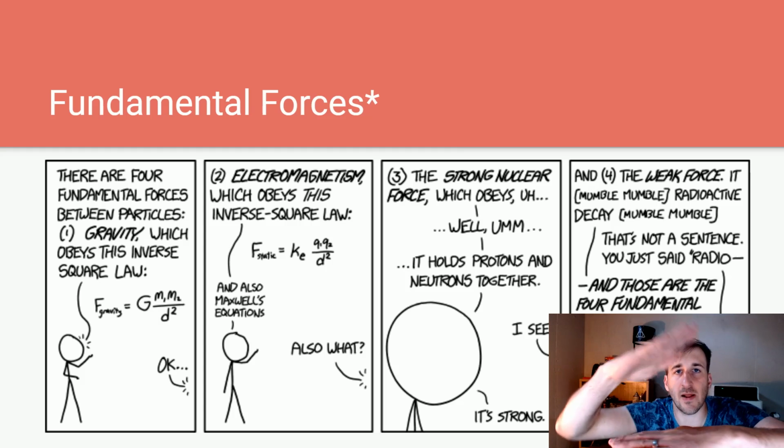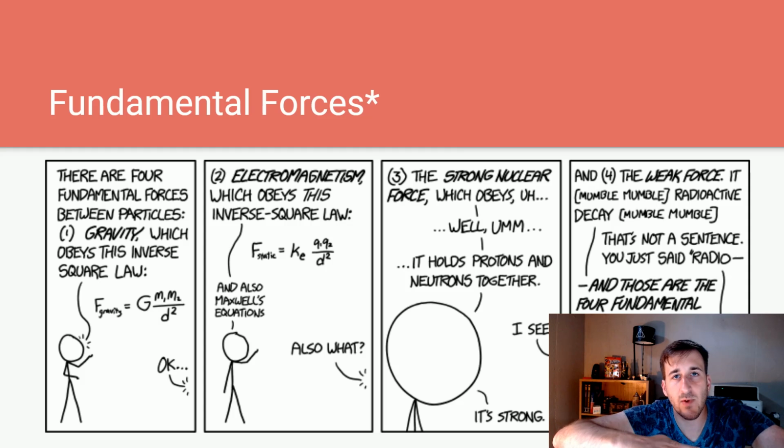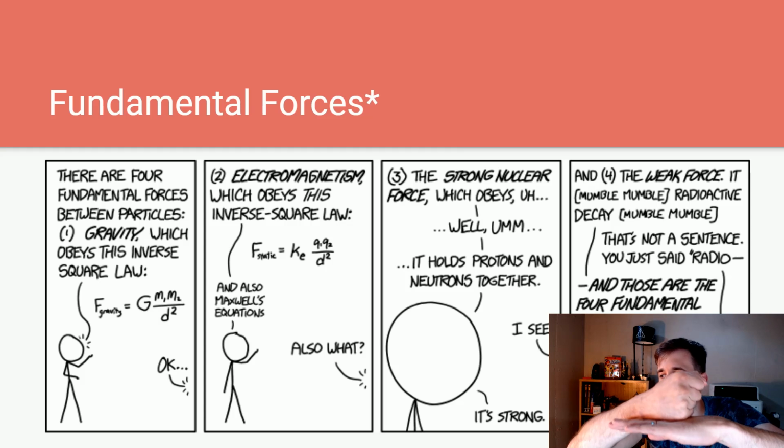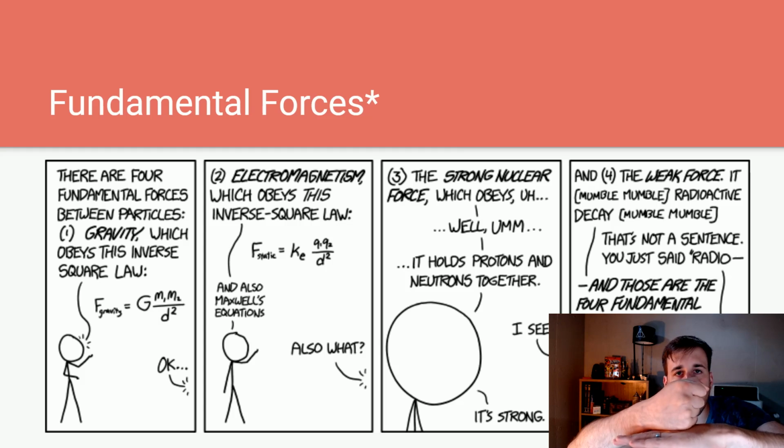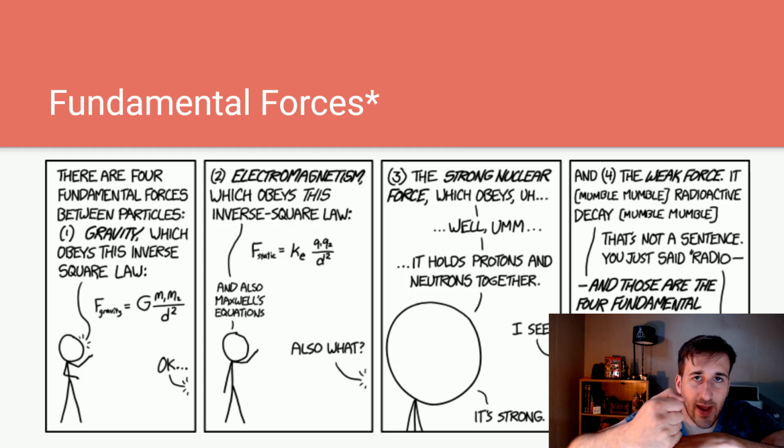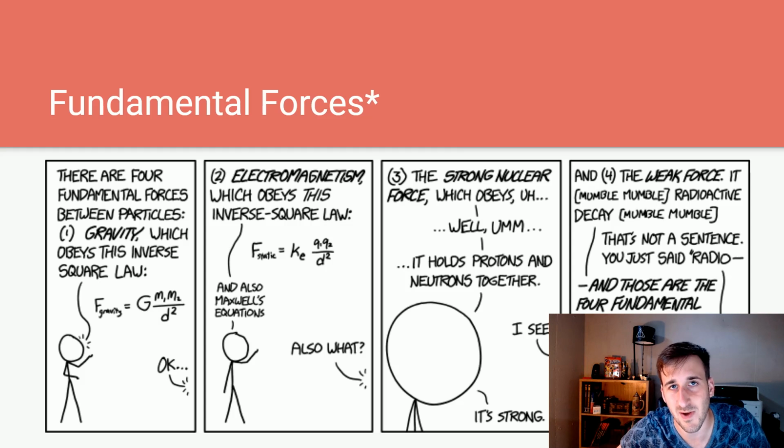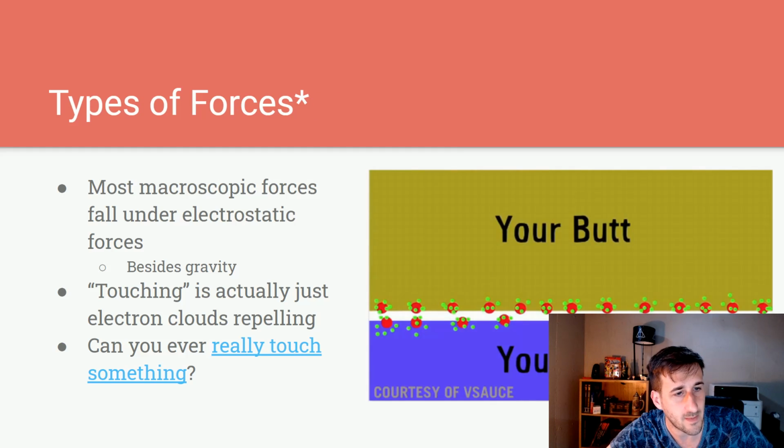Like if we're talking about a normal force, the reason why my hand doesn't move through my other hand is because the electrons in my hand are repelling the electrons in my other hand. So that's really what's going on, but that's a lot more complicated to think about. So I'll let you guys investigate that on your own.